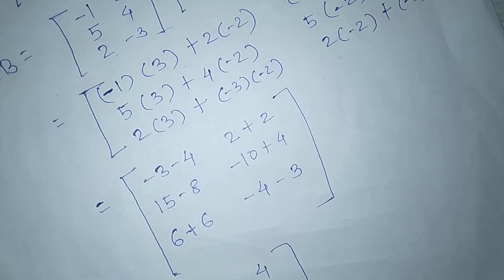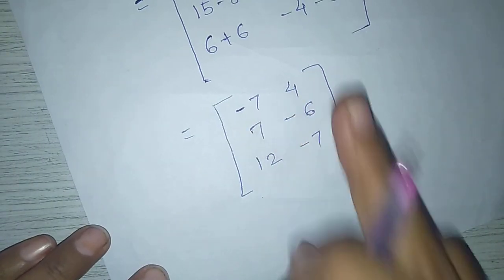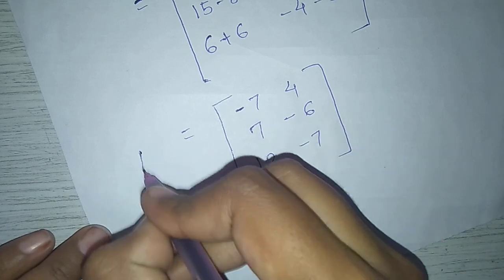Here we get A into B: minus 7, 4; 7, minus 6; 12, minus 7.